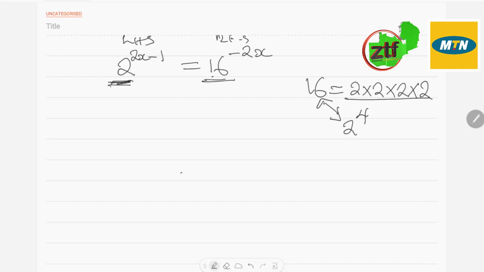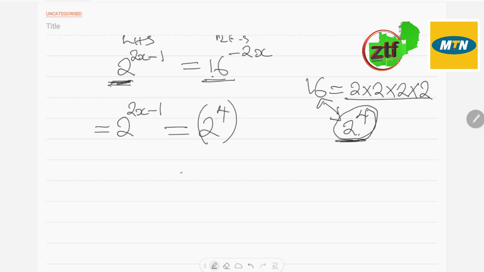And having done that, we can replace this value of 16 written in this form in the given question. So what are we saying now? 2 raised to power 2x minus 1 is equal to 2 raised to power 4, and then we put this in brackets. This is 16.